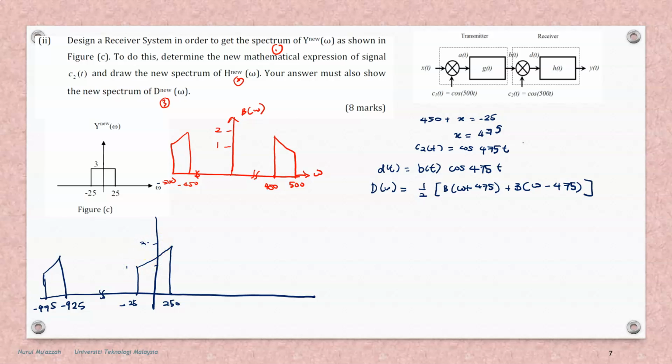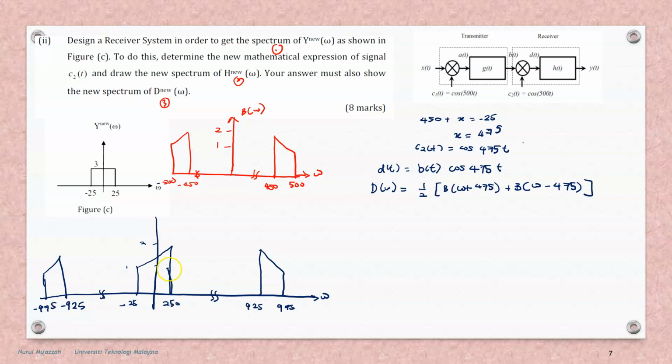Another part here is also shifted to the right and to the left by 475. Using the same calculation as I taught you before, the first part here is 925 to 975, because the width is 50. And another one should be like this.